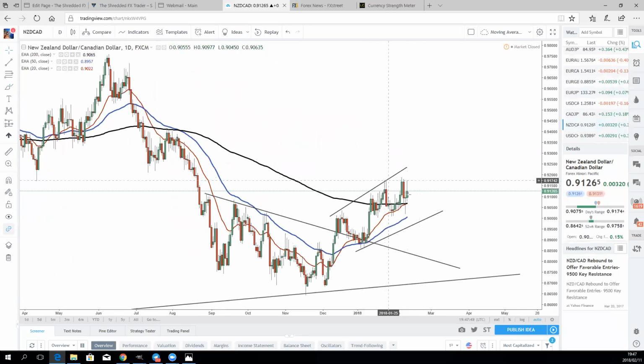Closed above the 200 moving average, pulled back, and we accelerated up. Should see some further upside this week. Alternatively, we could just carry on trading in the range 1, 2, 3, 4 before we have a break to the upside.